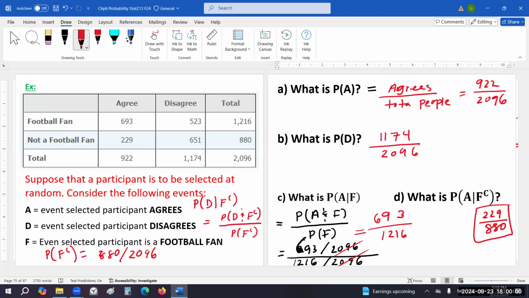How many people disagreed and are not football fan? 651, so 651 goes on the top. And how many are not football fan at all? 880, right? That's it. See the shortcut. Because the denominator is going to cancel anyway, you can simply take the numerators for both probabilities.